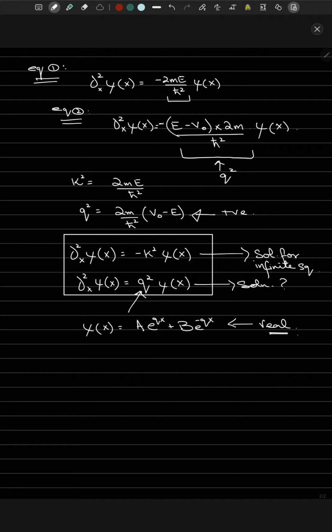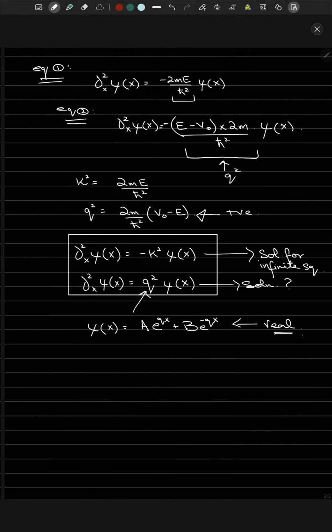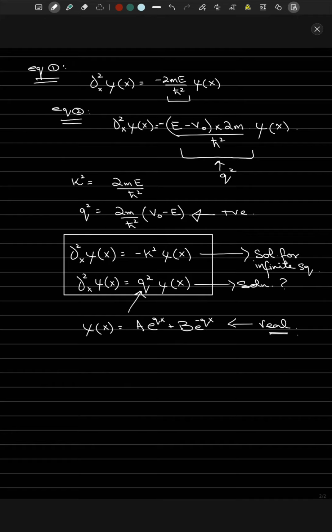Okay, so the next thing is that the energy eigenstates now must be constructed by connecting these solutions in the three regions, where this is region 1, this one is region 2, and this is region 3, right?